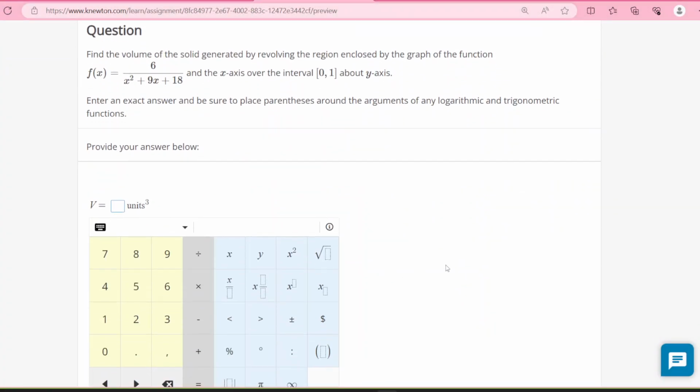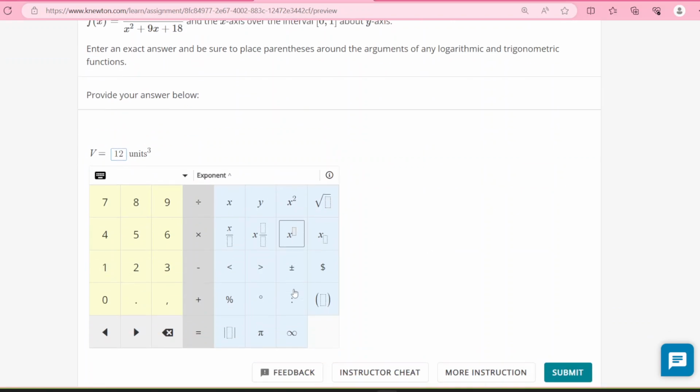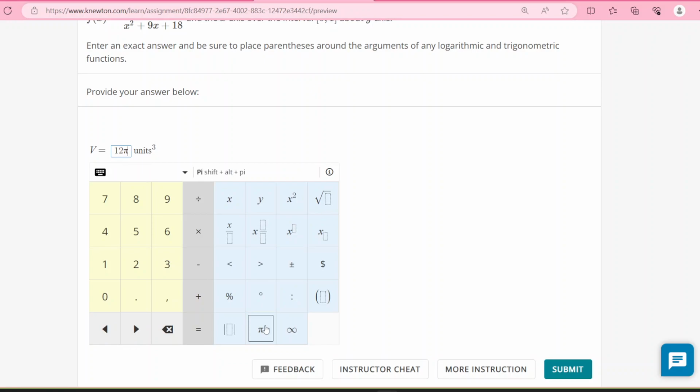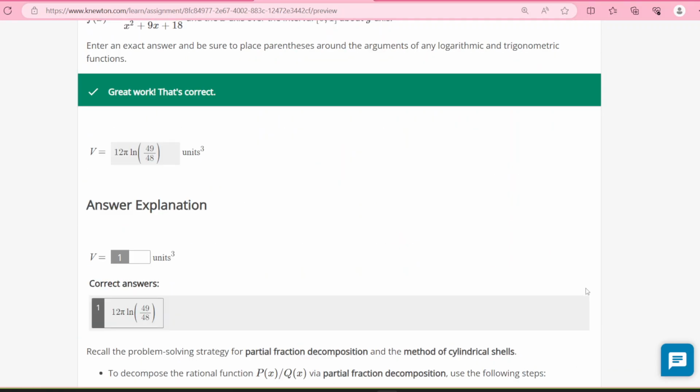Now again, they want an exact answer. So 12 times pi, then times the natural log of 49/48. And that should be good. Great. Oh, and they actually did put it all together.